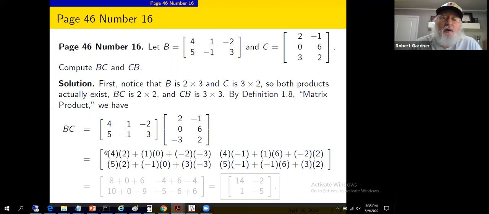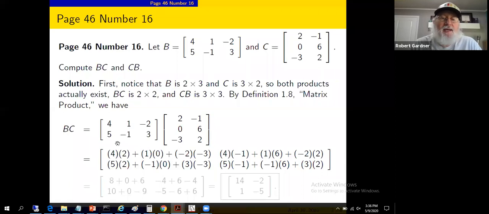So here's the first row, first column entry of the product. First row, second column. Do the dot product deal, 4, 1, -2, dotted with -1, 6, 2, produces this. What did I say that was? First row, second column? Yeah, in this first row, second column.